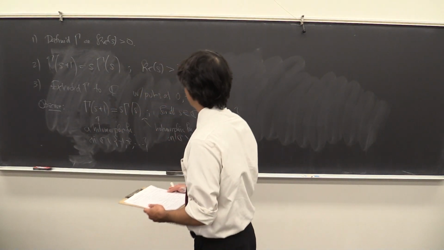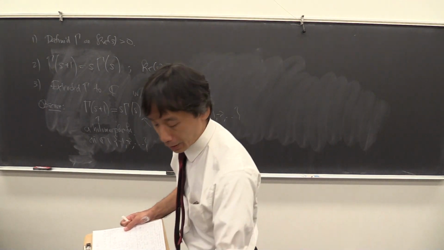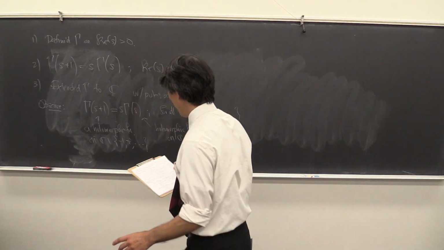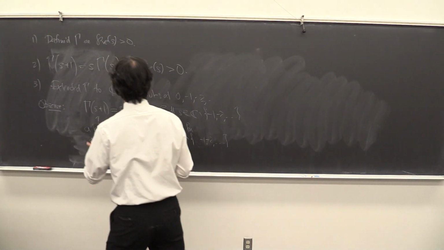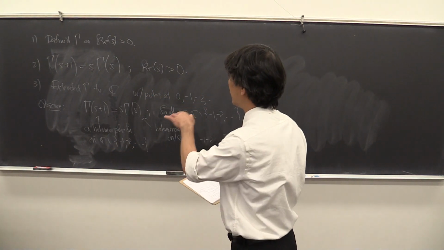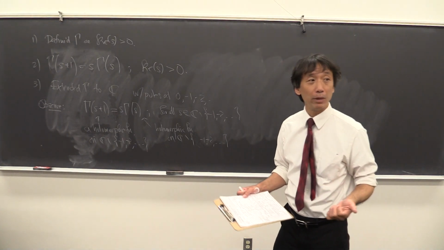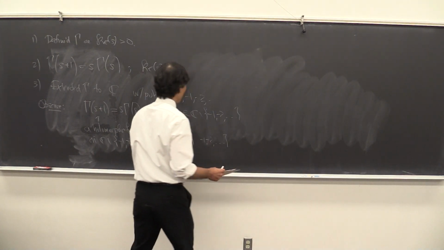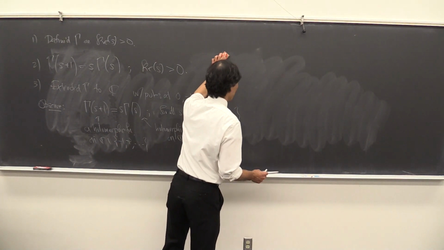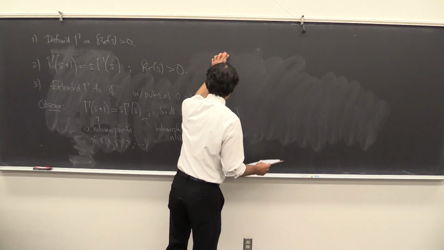Okay. So at this point, we're going to show that we can extend gamma to the plane in a somewhat different way that will be useful in what follows. Okay, so I'm going to erase this.